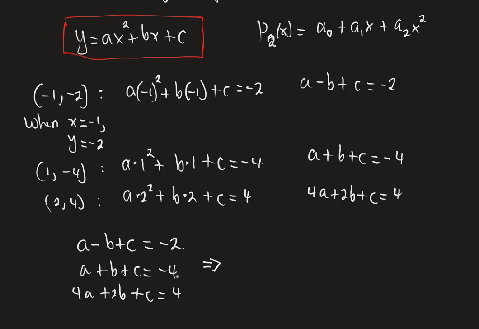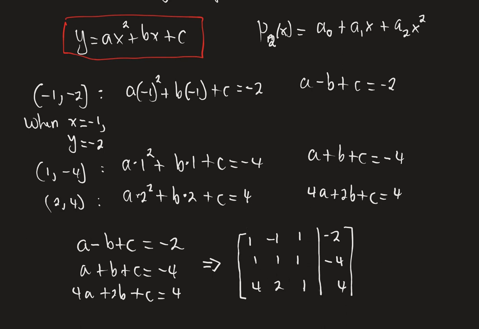Or we could use Gauss-Jordan and go all the way to the reduced row echelon form. Either way, I'm going to start by putting this system in augmented form: 1, -1, 1, -2, then 1, 1, 1, -4, and then 4, 2, 1, 4. So there's our augmented system.